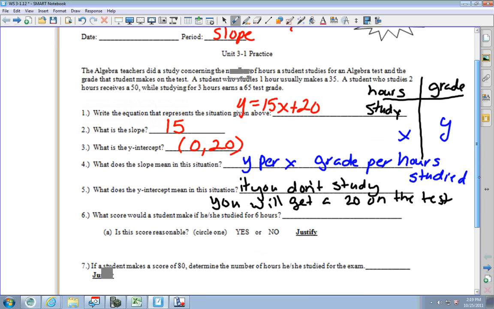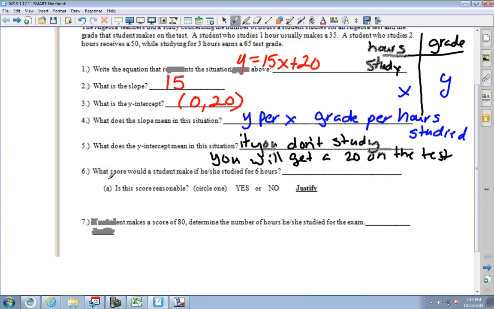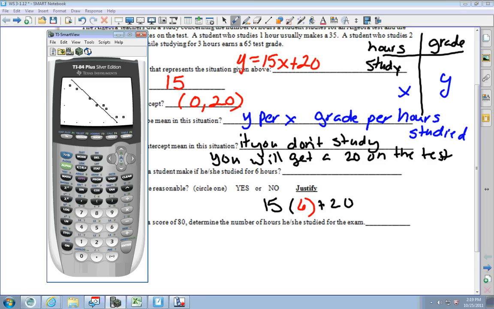Now the next question that we have, it says, what score would a student make if he studied for 6 hours? Okay, so you could take 15 times 6 plus 20.